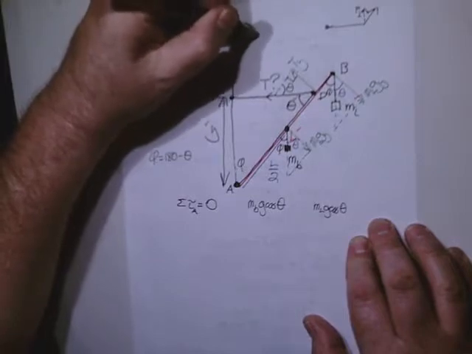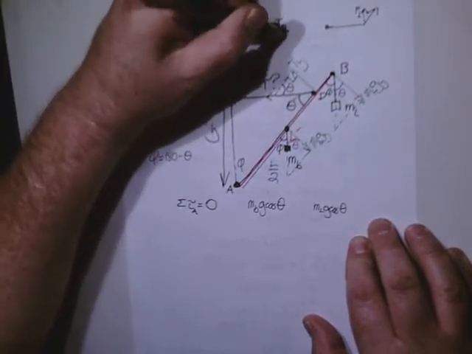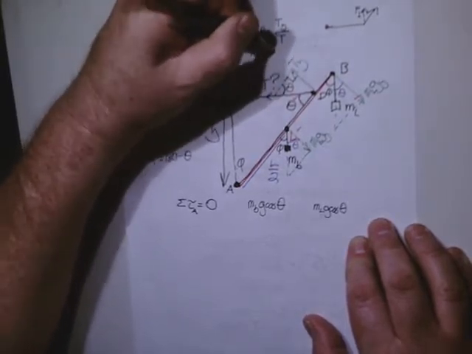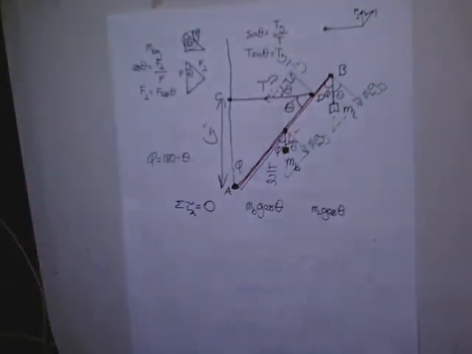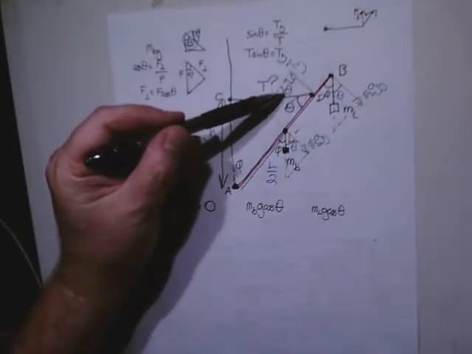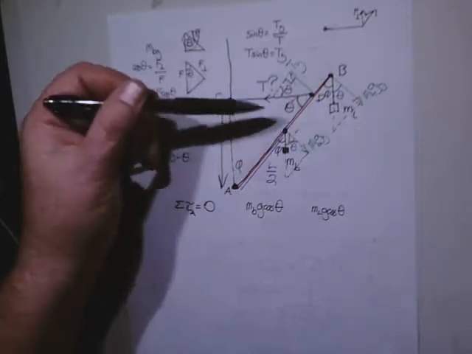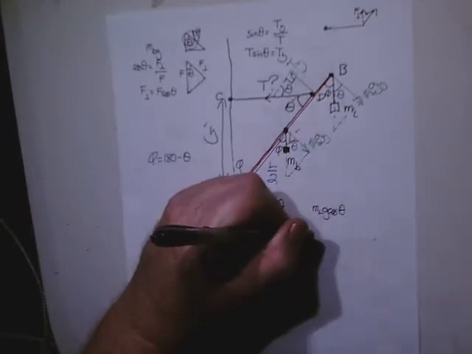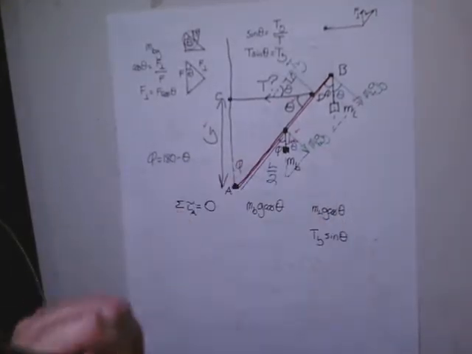So the sine of theta will be Ty over T, and T sine theta is Ty. So the angles are set up a little bit different. Here, Ty is the opposite side to theta. Here, it's the adjacent side to theta. So that's why that's sine and those two are cosine. So this becomes Ty sine of theta.